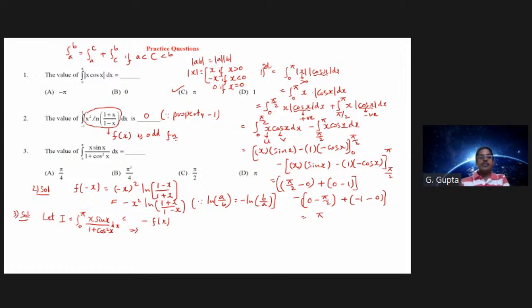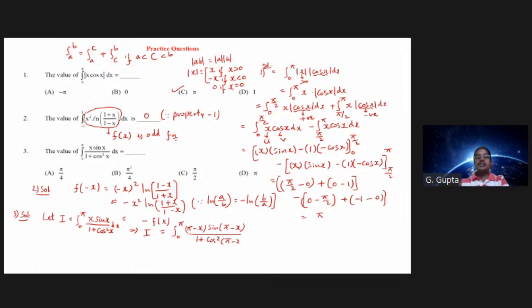Implies I is equal to x replaced by the sum of the limits minus x, that is a plus b minus x, that is pi plus 0, so pi minus x. So pi minus x into sin of pi minus x divided by 1 plus cos square of pi minus x.